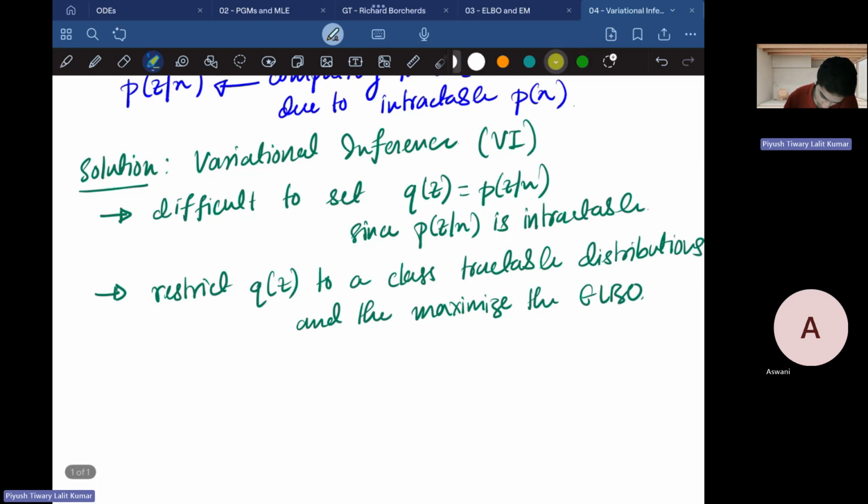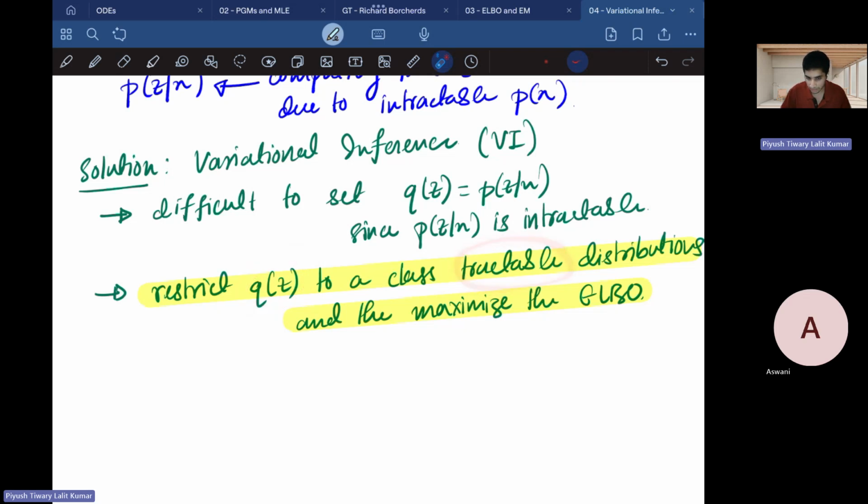So this is the main idea of variational inference. We are basically saying that computing P of Z given X is intractable, and hence we cannot substitute Q of Z to be equal to P of Z given X. So what we do instead is we restrict Q of Z to only assume distributions which are tractable.